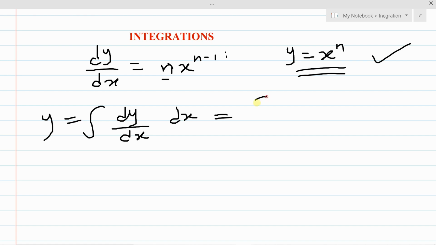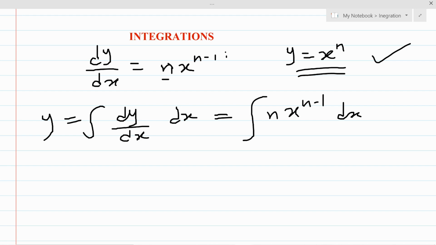So this is equal to, now we put back our derivative, x to the power n minus 1 dx. Always when you're integrating a certain function, it means you are integrating some differential. When I say integrate f of x, it means that there was some function that after differentiating we had f of x. So integrating that will give us the function back.